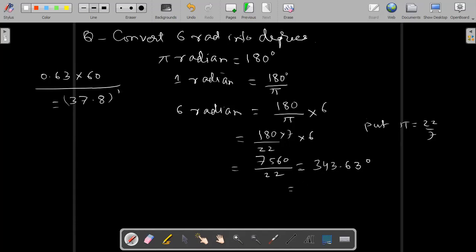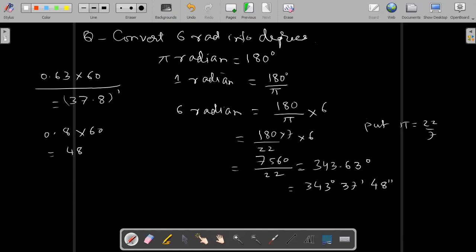So that means you got 343 degrees 37 minutes. Again, you have a decimal, 0.8. Again you multiply 0.8 by 60. That is 48, and the decimal and 0 will cancel. So 48 seconds.